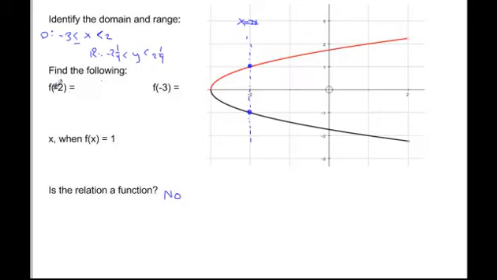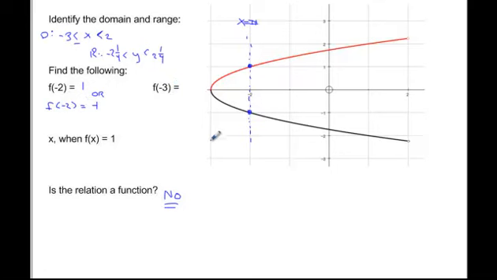Both of those are answers to what is f of negative 2, and that's also why we have the answer no for is it a function, because there are two answers to this. So it could be a y value of 1 or a y value of negative 1. F of negative 2 equals 1, or f of negative 2 equals negative 1.